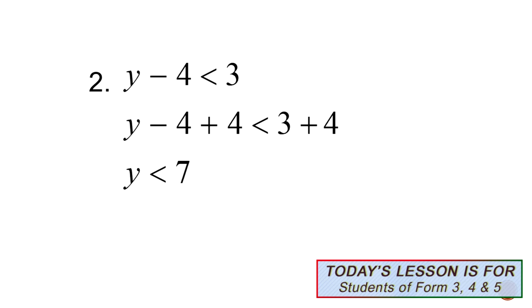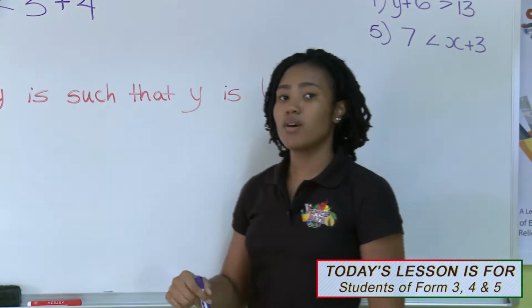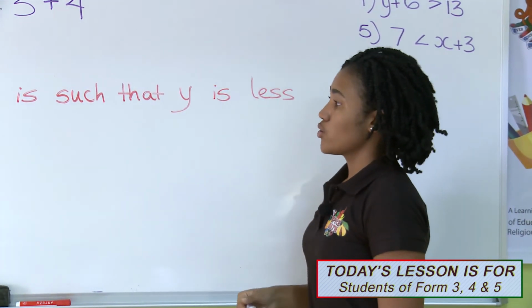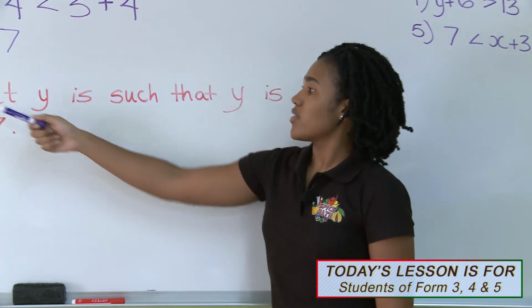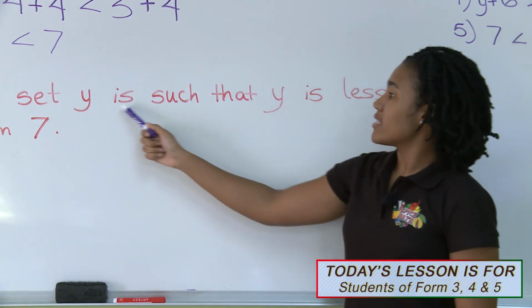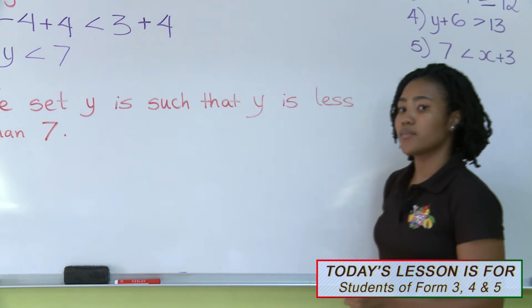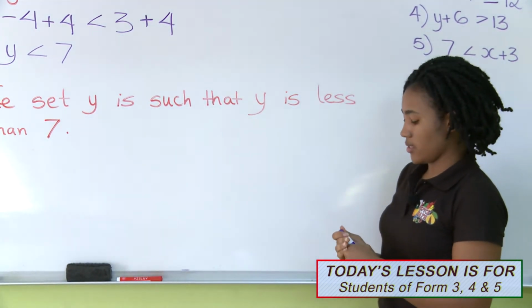Now, we know that we cannot represent our answer like this. Our answer must be represented as a solution set. So, in words, we have the set y is such that y is less than 7. Let's write this in symbols.